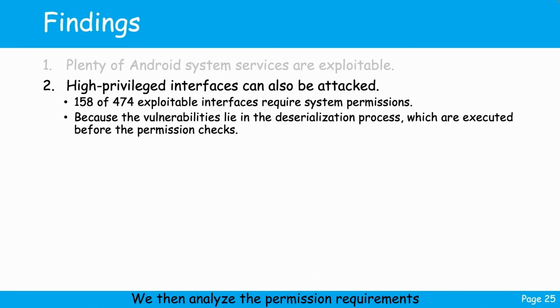We then analyze the permission requirements of the exploitable interfaces. We found that 158 of them require system permissions. This is because the vulnerabilities lie in the deserialization process, which are executed before the permission checks.